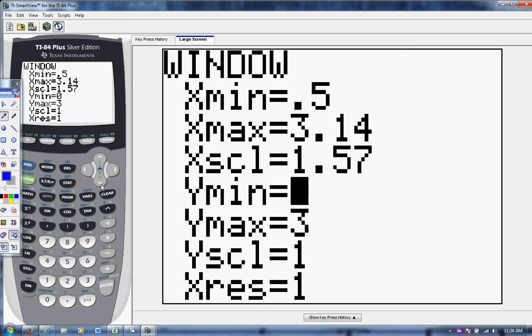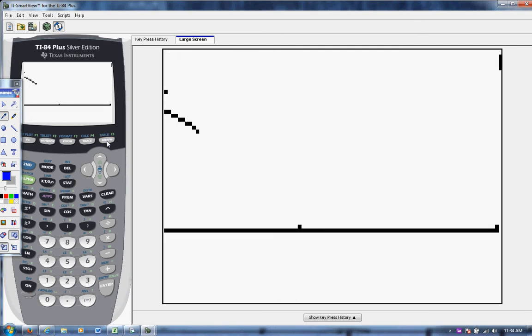So maybe we'll just go from negative 0.5 up to like 1.3, just enough to see it. And let's see if I'm going to get a good linearization. There's the cosine function, and there's my linearization laying right on top of it. So everything checks out, and that problem is done.